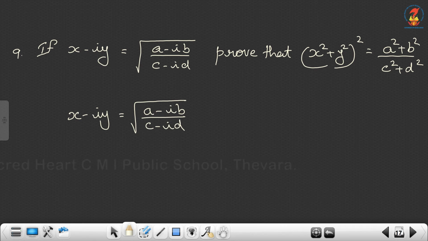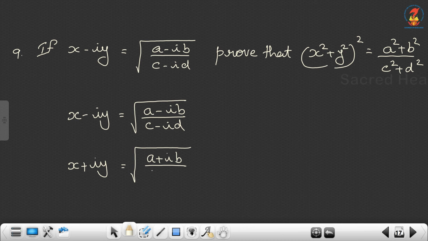Now taking the conjugate of this. What is the conjugate of this? x + iy is equal to root of, here also take the conjugate, so a − ib becomes a + ib, by c + id.